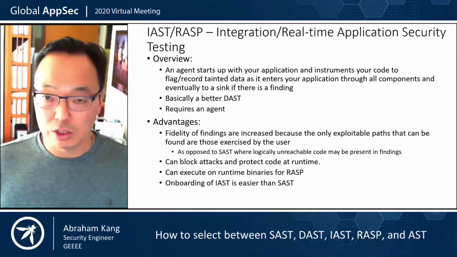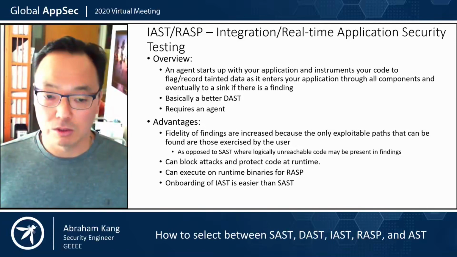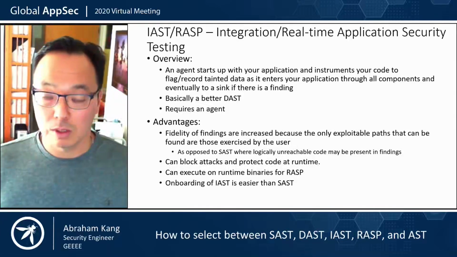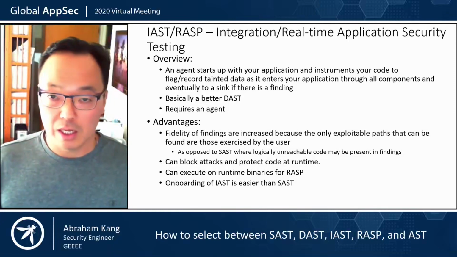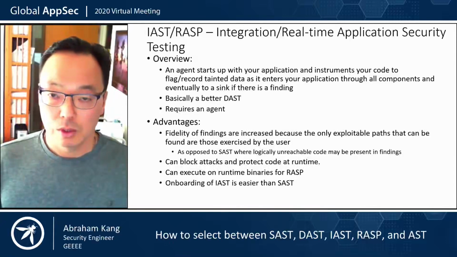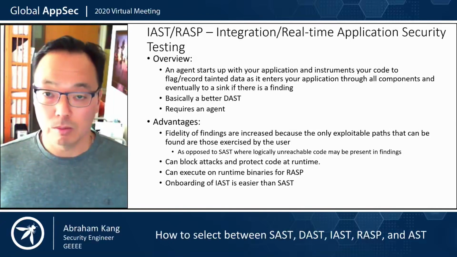So from an advantages standpoint, there's going to be higher fidelity in terms of the findings, because you know that the only things that are going to be reported are the exploitable paths. Now, in contrast with a SAST tool, static analysis tool, it's going to look at every logically reachable point in your code.